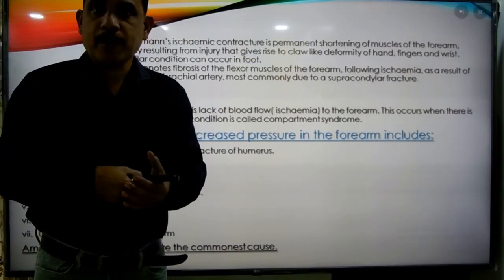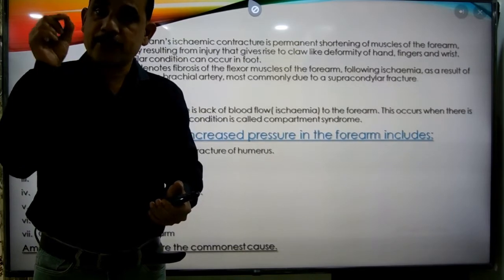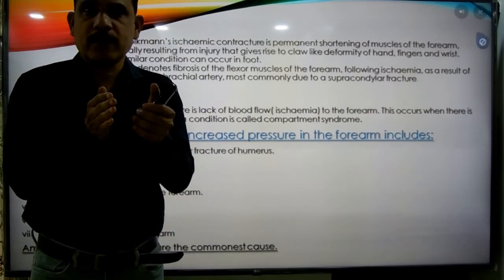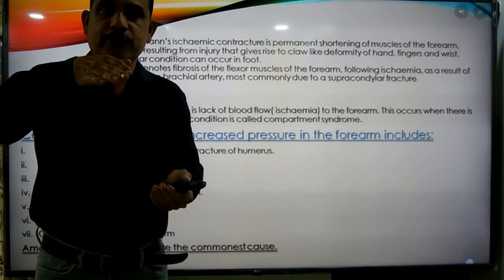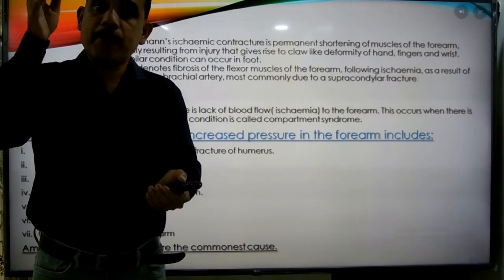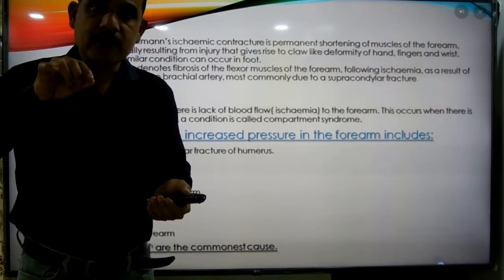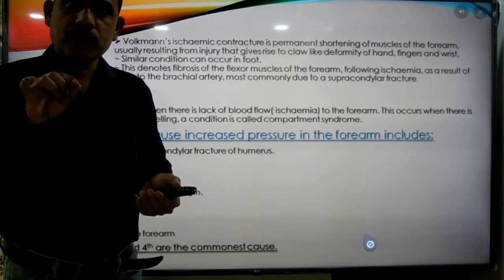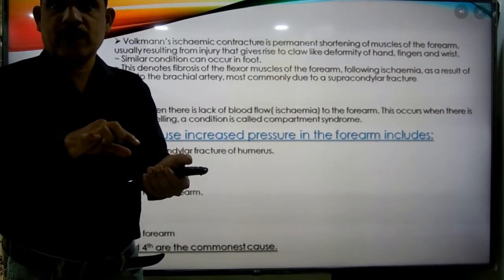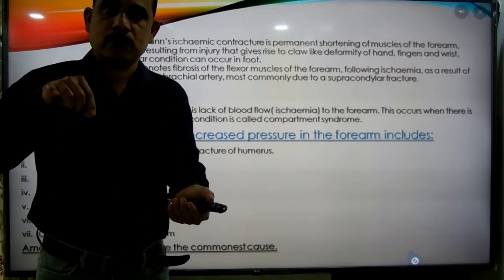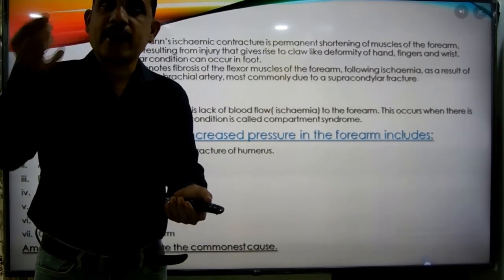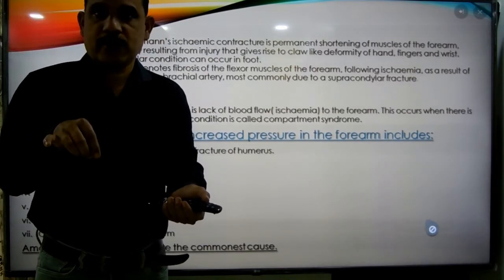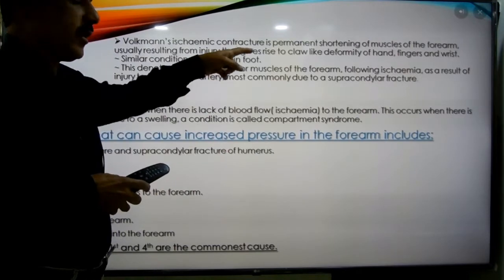That pressure is exerted on the blood vessels, especially the artery which supplies these flexor muscles, and the flexors undergo ischemic necrosis, and that is the fibrosis, and due to that there is shortening.